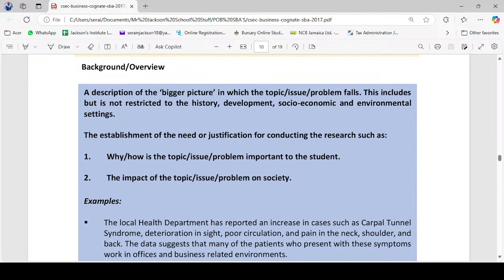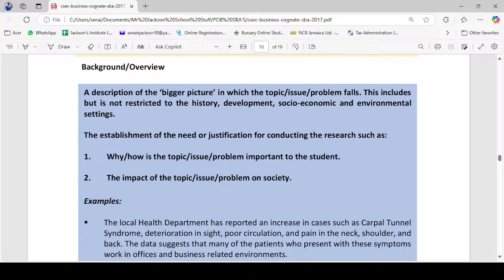Now, the background or the overview, right? The background or the overview is really a depiction or description rather of the bigger picture in which the topic, issue, or problem falls. And this includes, but is not restricted to, the history, development, socio-economic, and environmental settings.